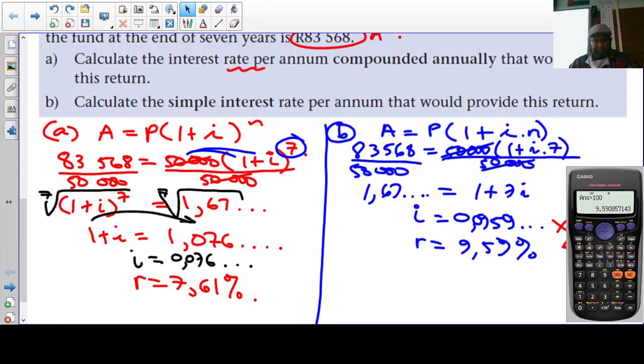What we've dealt with thus far is what you should have done in grade 10 financial maths.